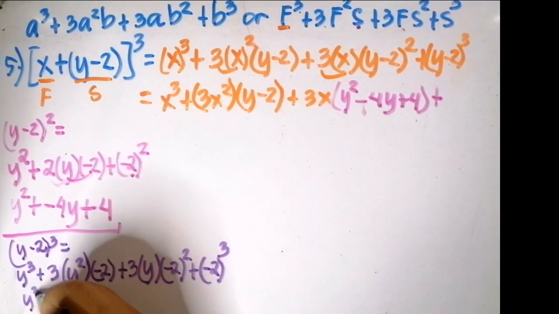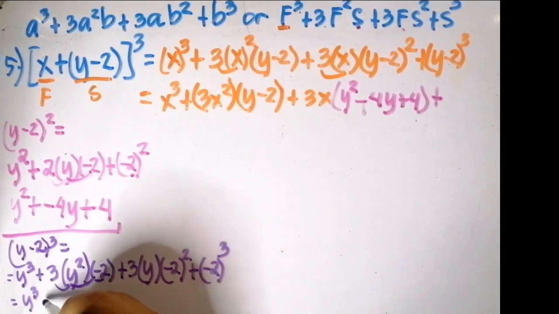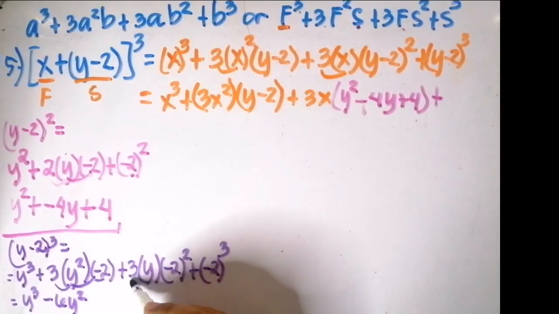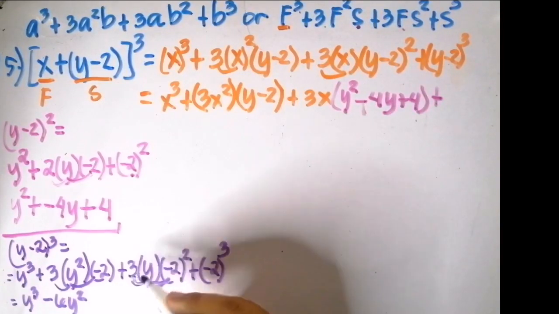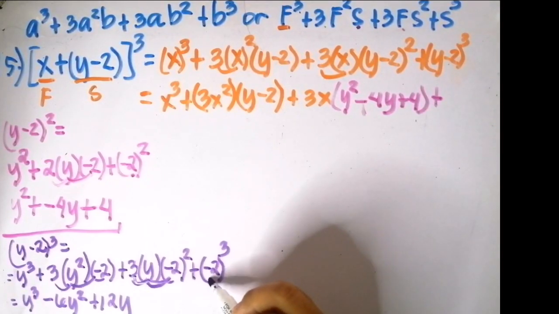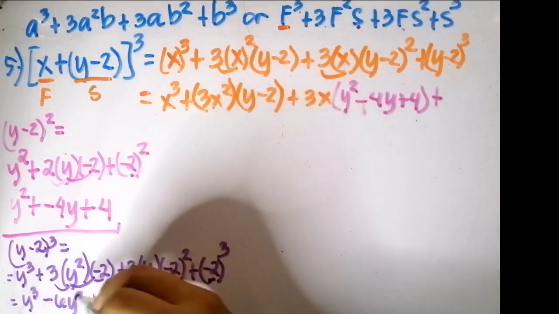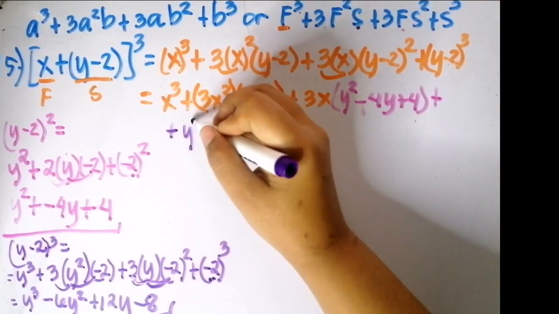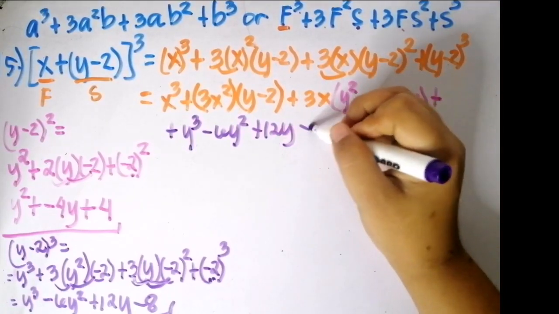Simplify, so that is y cubed, plus 3y squared times negative 2 equals negative 6y squared. 3 times y equals 3y times negative 2 times negative 2 equals 4. Kaya 4 times y times 3 equals positive 12y. Negative 2 times negative 2 equals positive 4 times negative 2 equals negative 8. Okay, so ito yung value ng ito. So, i-add natin dito. Plus y raised to 3 minus 6y squared plus 12y minus 8.